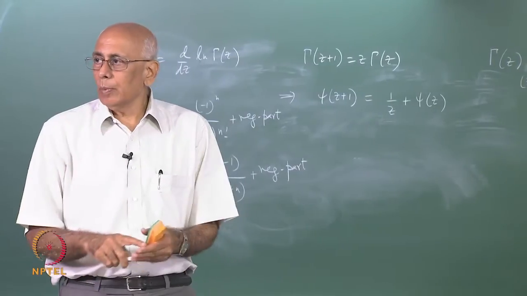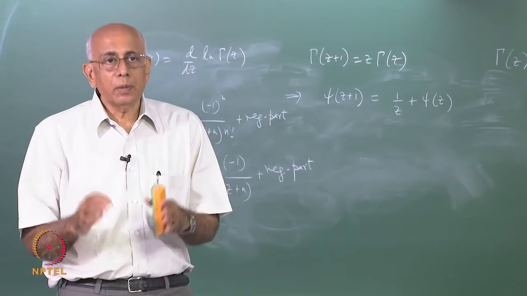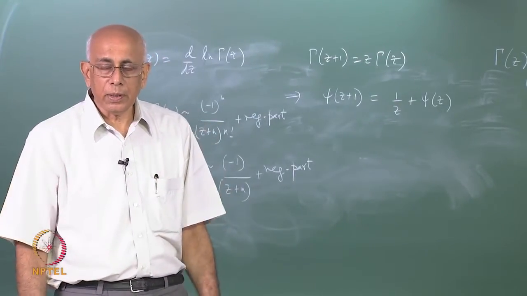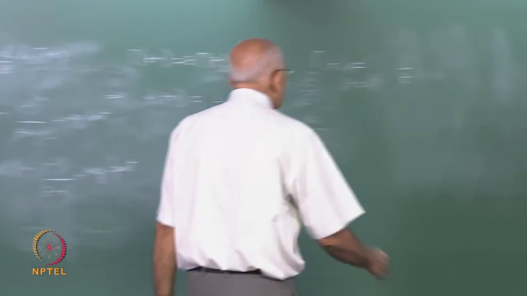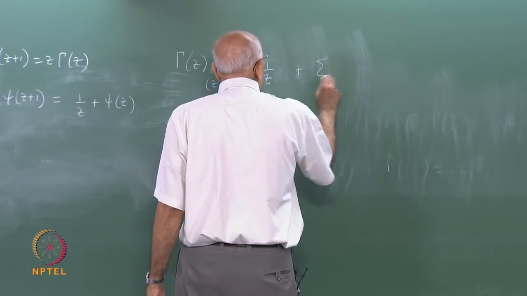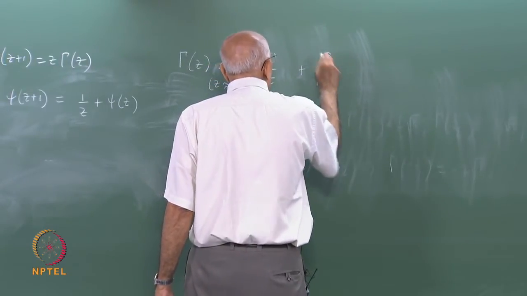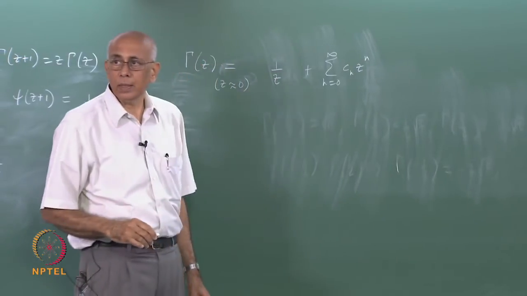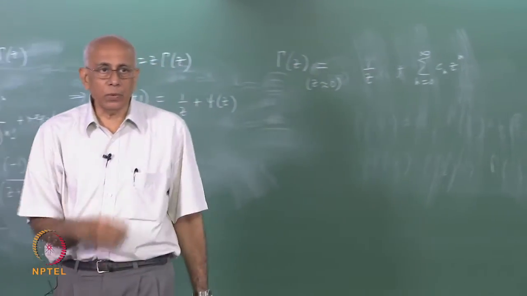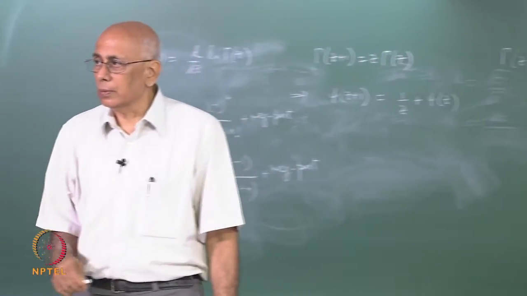It is going to be a power series in z, starting with z to the 0 and so on, so it is of the form plus summation n equal to 0 to infinity C_n z to the power n, in the vicinity of z equal to 0.